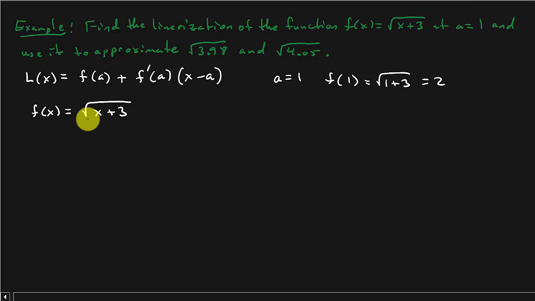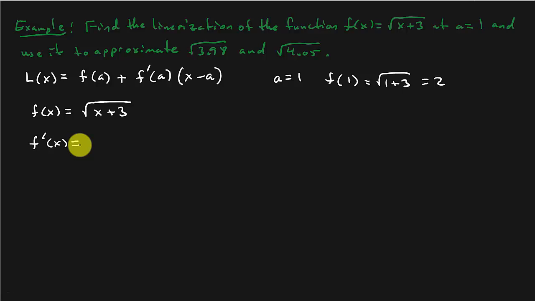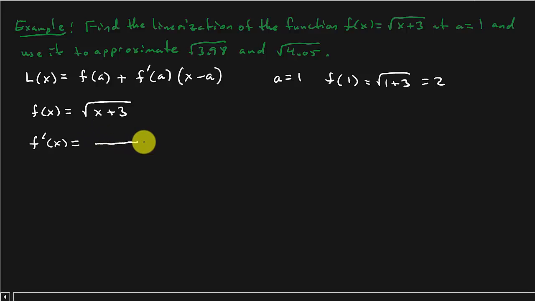So let's take the derivative of this. I've got f prime of x is equal to, now if you watch my videos, I have a shortcut for finding the derivative of a square root. If you want to watch the video where I go over it in more detail, just search my channel for finding a shortcut for the derivative of a square root.